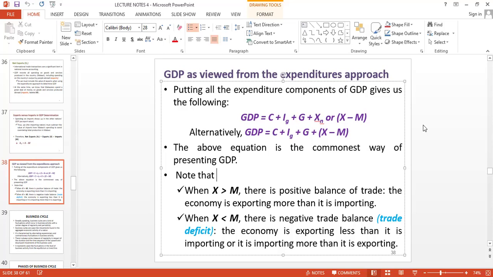So it's something like our imports are $3 billion, our exports are $1 billion. So in that sense, you have a trade deficit.